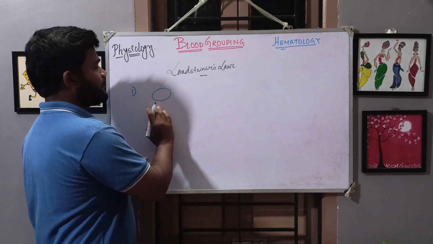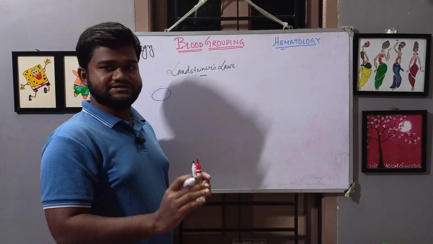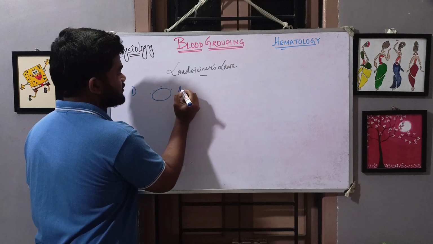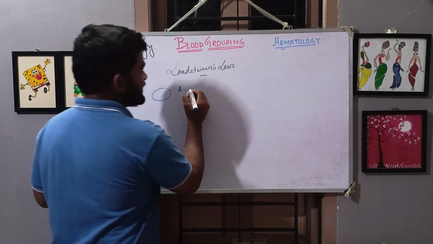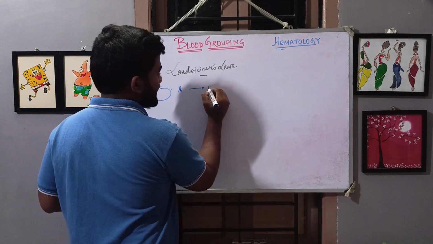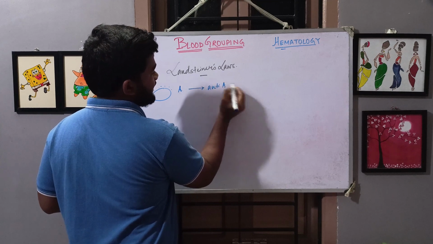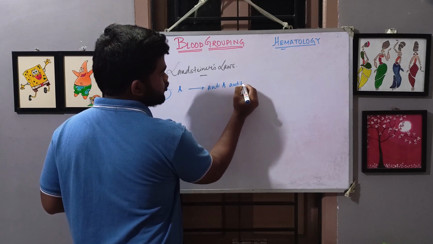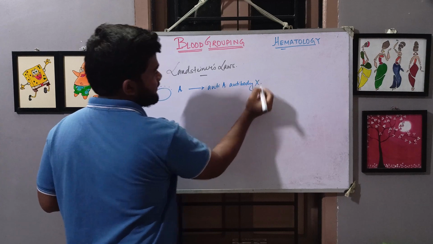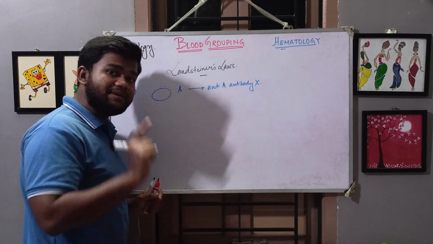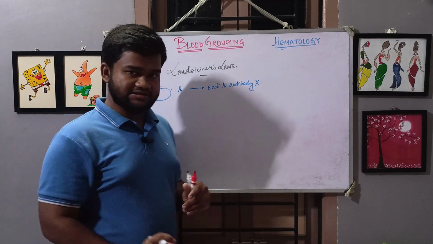For example, if a blood group A person has the antigen A on the RBC surface, he or she will not have the anti-A antibody. It would be absent from the plasma, but the anti-B antibody will be present.